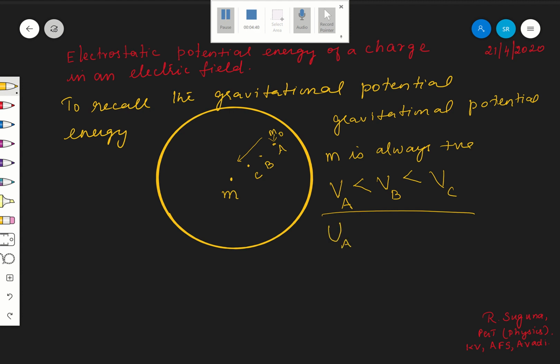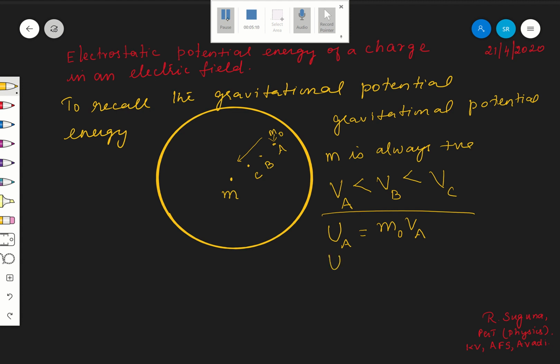Potential energy is usually denoted by U. UA is nothing but M0 into VA, where VA is the gravitational potential at A, and UA is the gravitational potential energy at A.